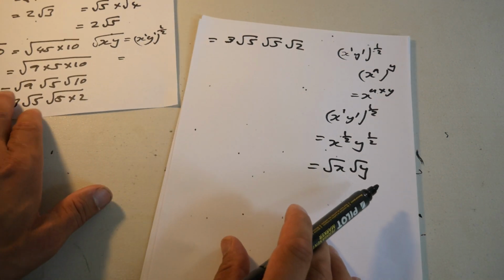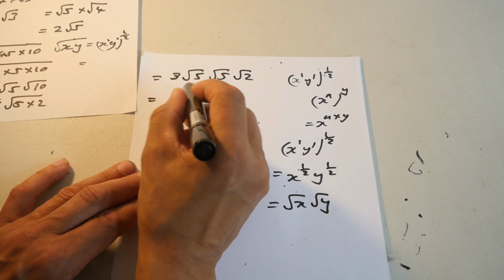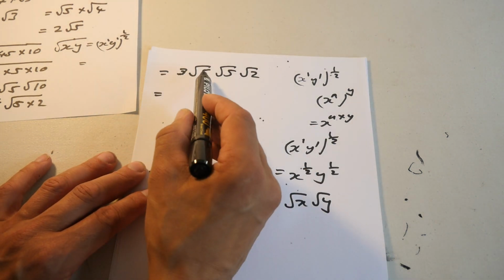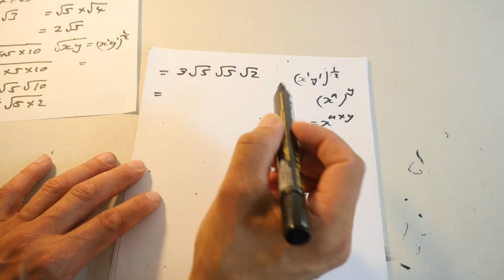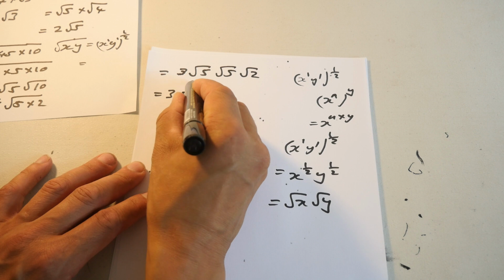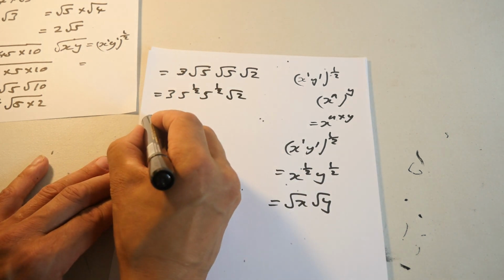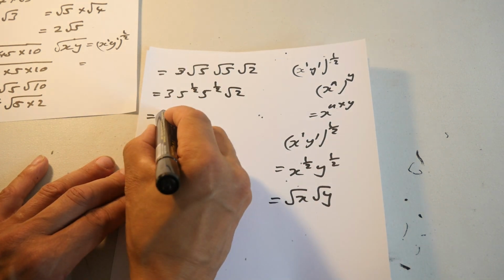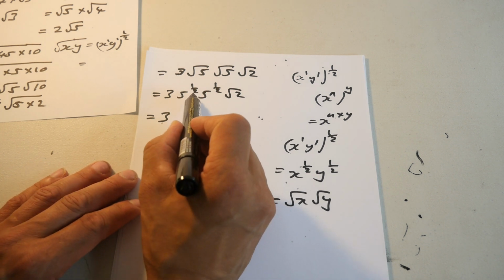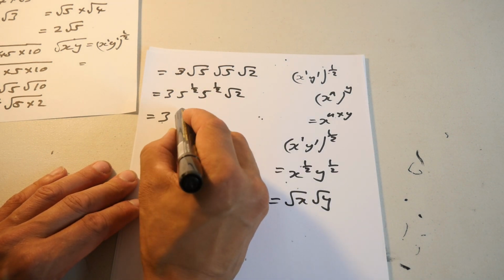Okay, so when you have 2 root 5s, because it's the same number, the powers which are halves, 3 times 5 to the half, 5 to the half, root 2 by the indices rule, okay? And because the numbers are the same, you can add up the powers. So a half plus a half is 1, okay?